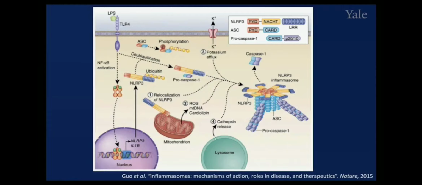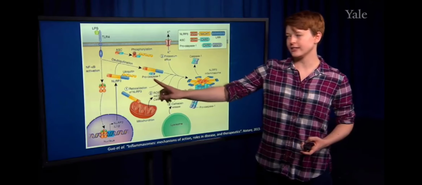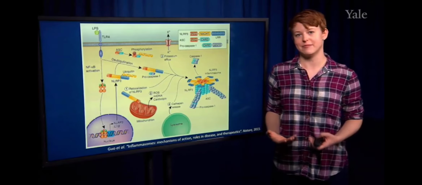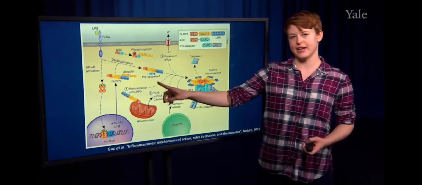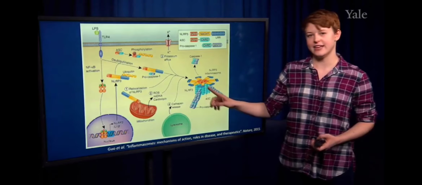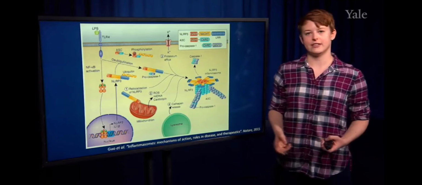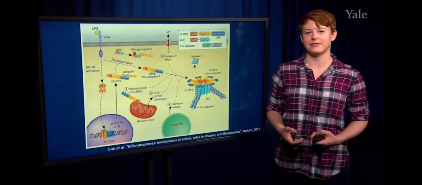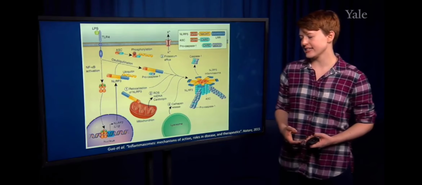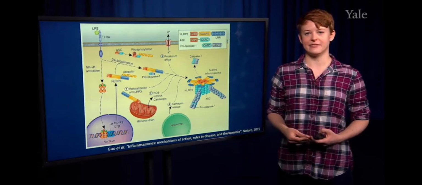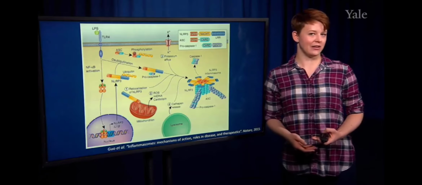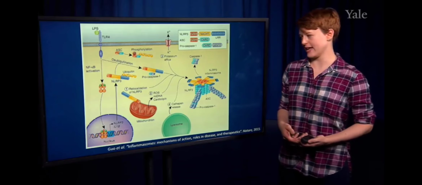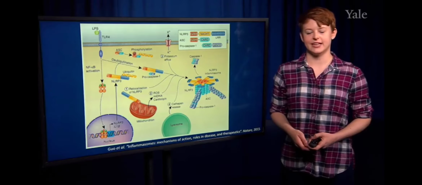However, in addition, this pathway can then lead to the cleavage of pre-existing molecules, in this case procaspase, which is cleaved and then forms this wheel or star-like structure of caspase-1. And this can then help cleave the pre-IL-1 beta to IL-1 beta to be quickly released into the body.